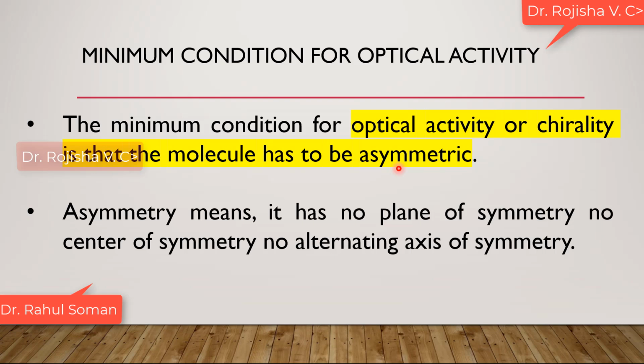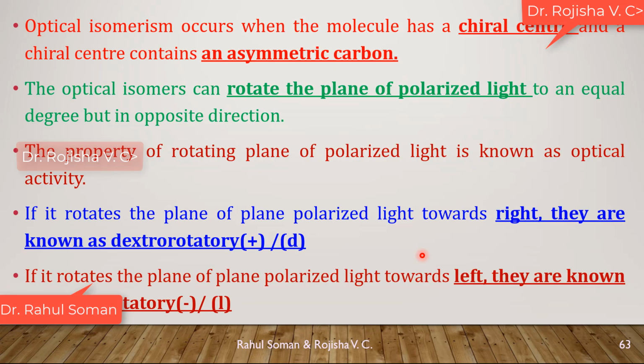Asymmetric means it does not have any element of symmetry: neither a principal axis, a center of symmetry, nor an alternating axis of symmetry. If by taking any of these elements of symmetry we are not getting equal halves, then the molecule is called asymmetric.